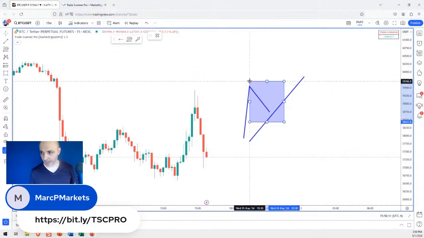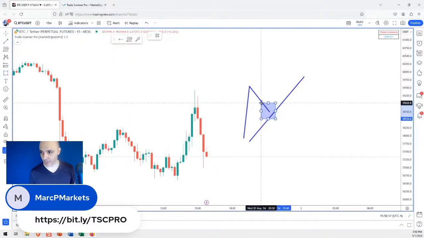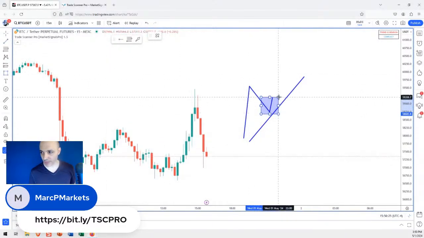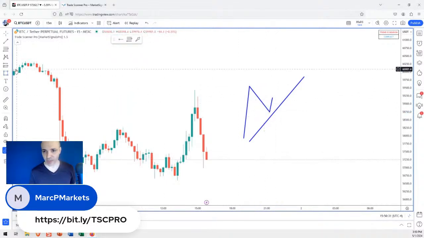This is the pullback. Once it identifies the pullback, it then looks for changes in momentum in this area right here. Once the changes confirm that momentum is changing, and the market does that, it will call a signal. So it doesn't call the signal at the exact bottom or best price. It waits for confirmation, and then it calls a signal.